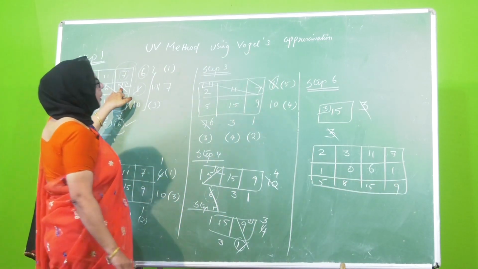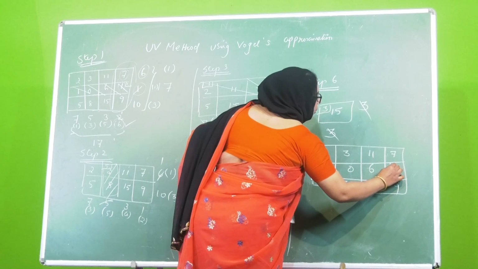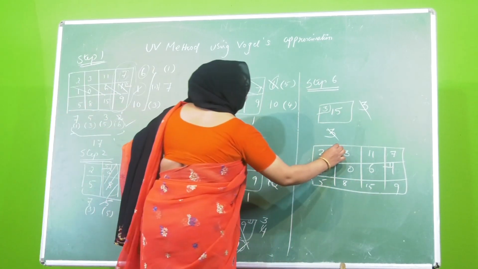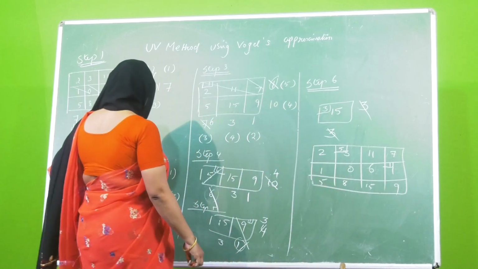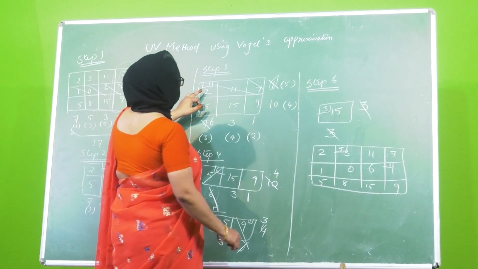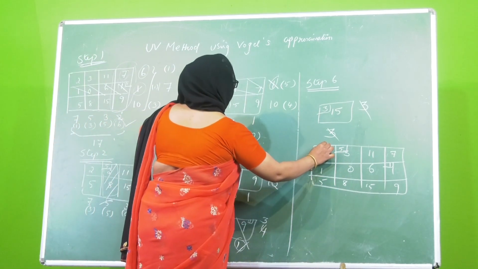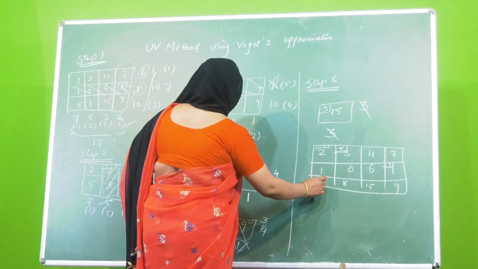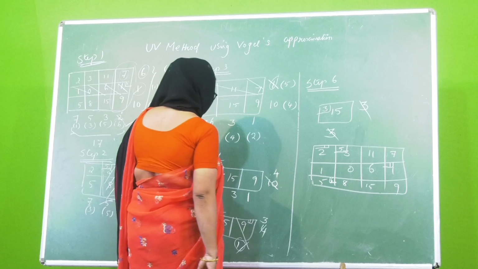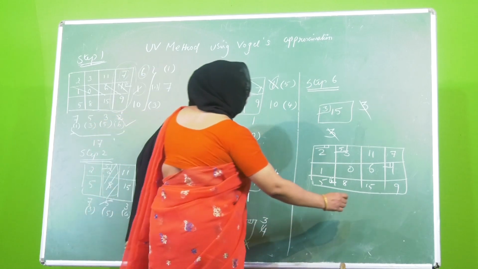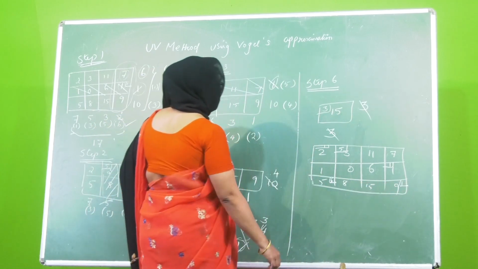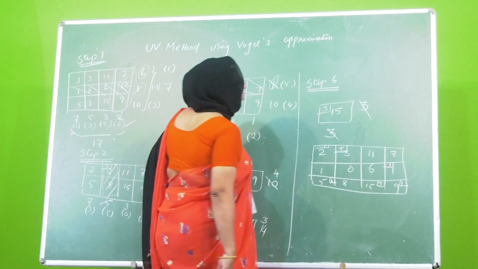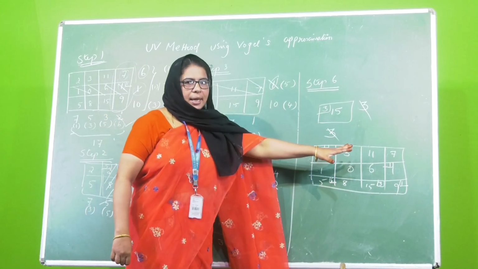So first one, the original allocation. 1, 5, 1, 6, 1, 3. So you have to check whether the allocation is correct or not.